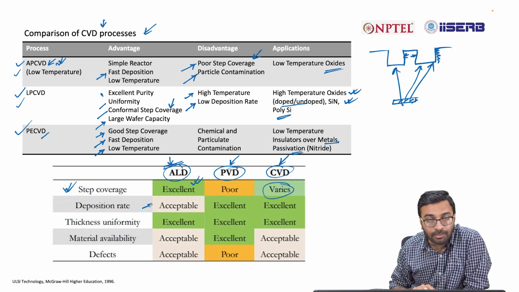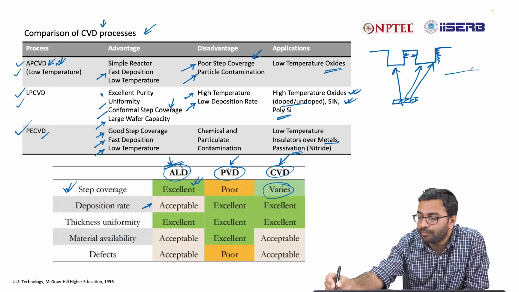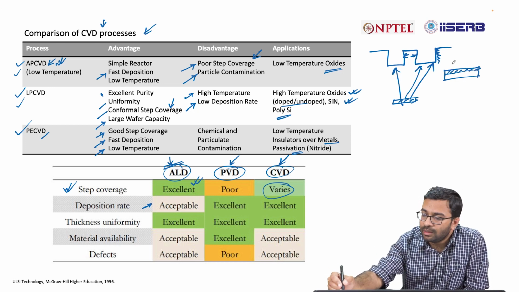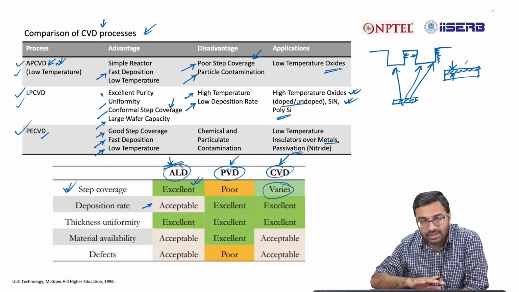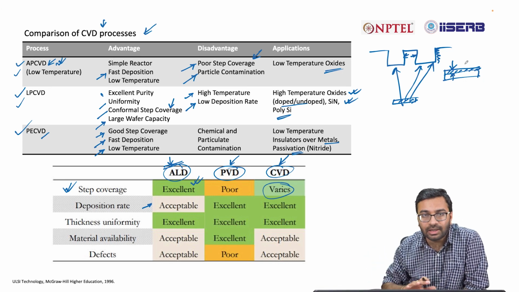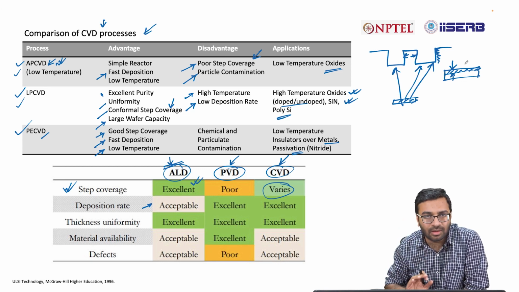Then thickness uniformity. What do you mean by thickness uniformity? If you have a substrate and if you deposit, say, a 100 nanometer layer on top of that substrate of any material, whether you get 100 nanometer throughout the surface or not, if it's a large area, across the area you are getting enough uniformity or not. Everywhere it's 100 nanometer, or it's somewhere 90, somewhere 110, something of that sort.